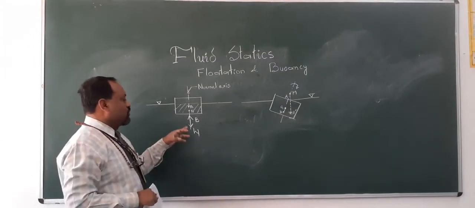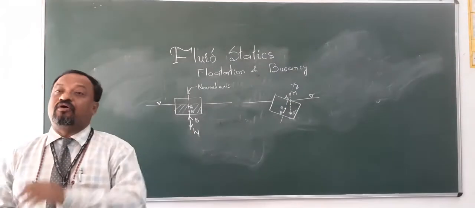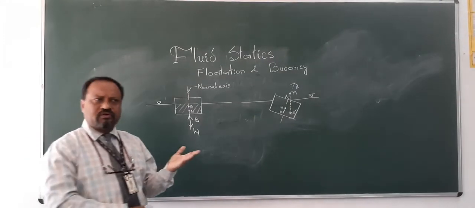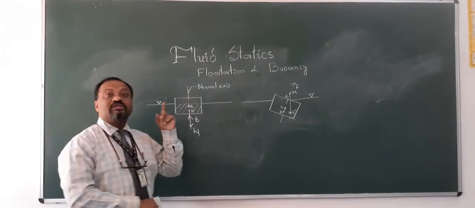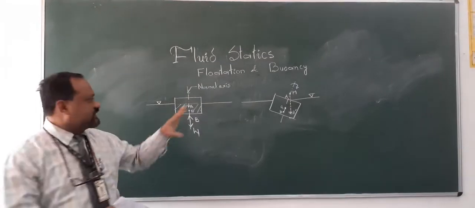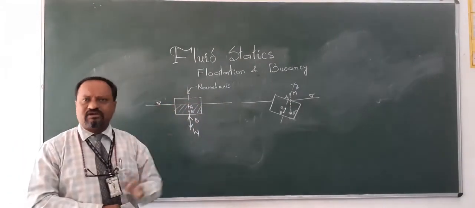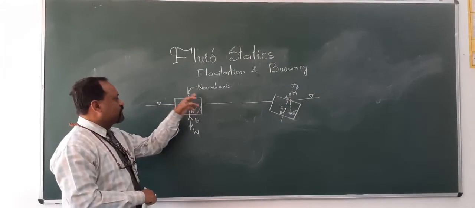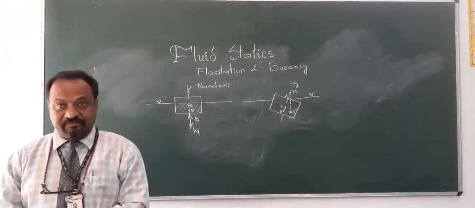Clear? Now, what is the point of application of the total weight? We know the total weight normally acts through the CG of the body, which is not changeable in any condition. It remains the same with respect to the body dimension.